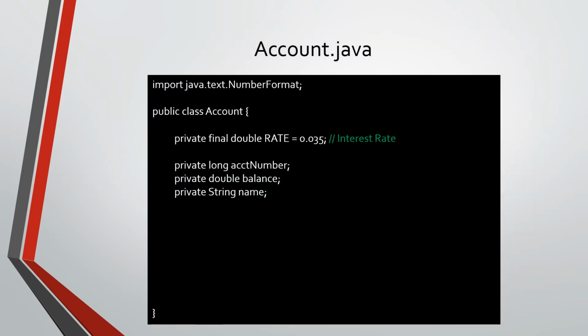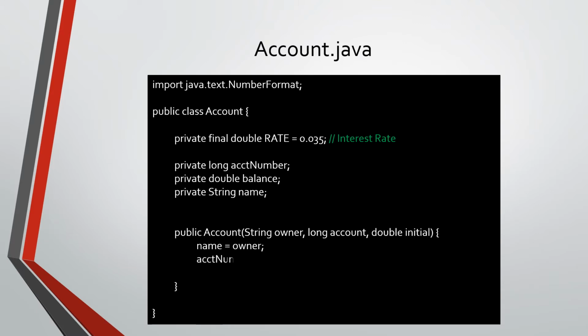Let's create the constructor that will take these variables. Public Account, String owner, comma, long account, comma, double initial. Name equals owner, accountNumber equals account, balance equals initial. Let's go ahead and add a comment that this is the constructor and it initializes the owner, account, and balance.